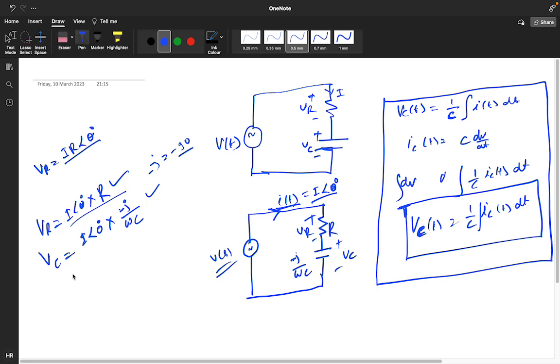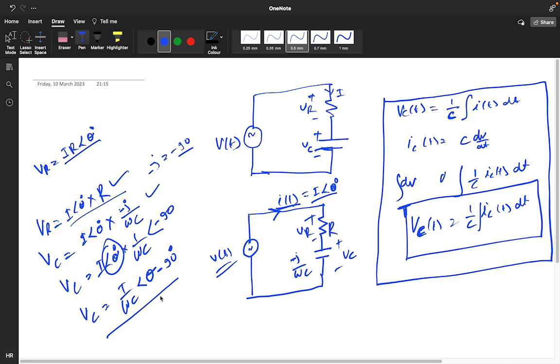Vc is I at an angle theta into 1 by omega c, and minus j can be written as 1 at an angle minus 90 degree. It is also having an angle. So Vc can be completely written as I upon omega c at an angle theta minus 90 degree. Correct? Prasanna, understood how it came, or still having any doubt?